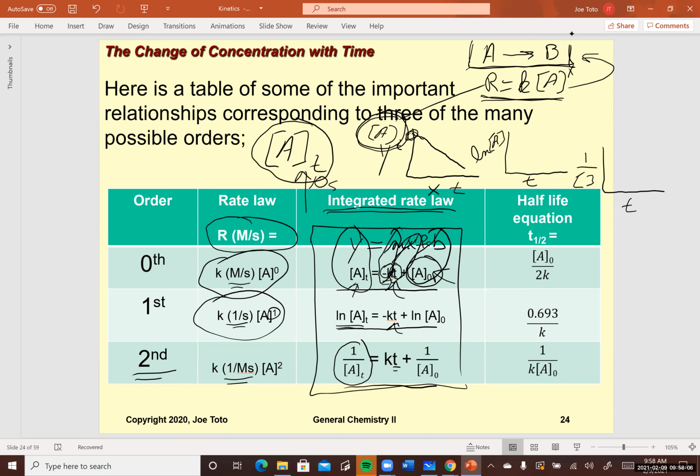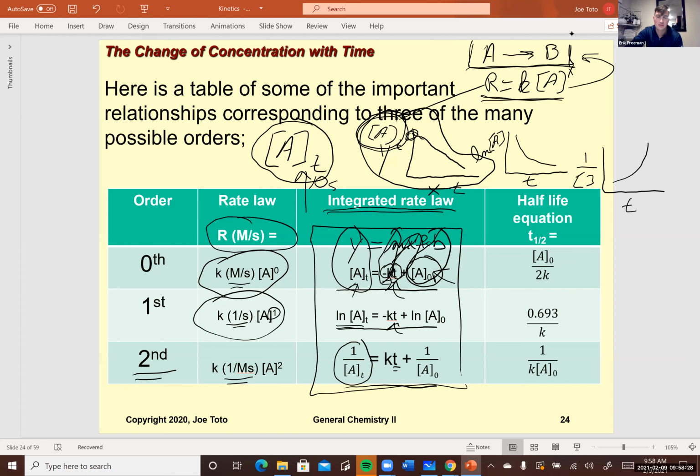But if this turns out to be linear, this first plot, then this can't be linear. It's got to be something like that, and this is going to be something curved. Is that clear?